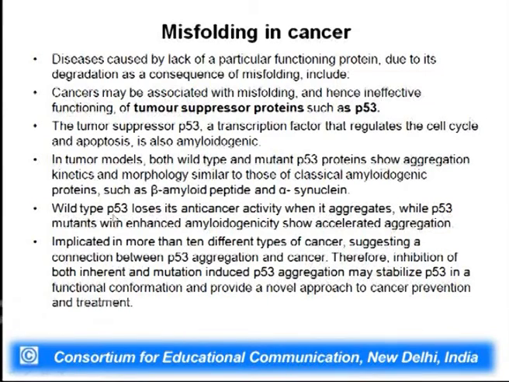So, wild type p53 loses its anti-cancer activity upon aggregation, while the mutant proteins show enhanced amyloidogenicity which shows accelerated aggregation. So, it will cause even autocatalytically more and more aggregation, and 10 types of cancers can be cited as examples for this type of misfolding of this protein to result in the disease.